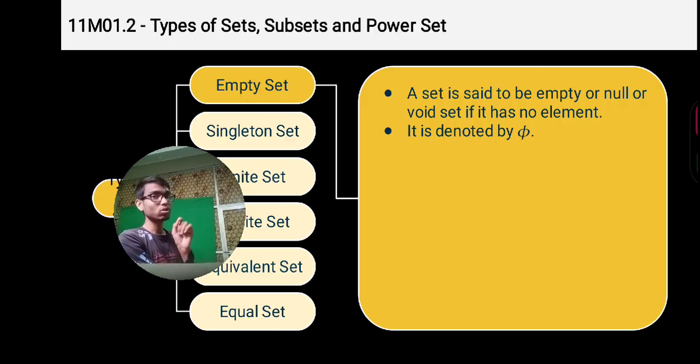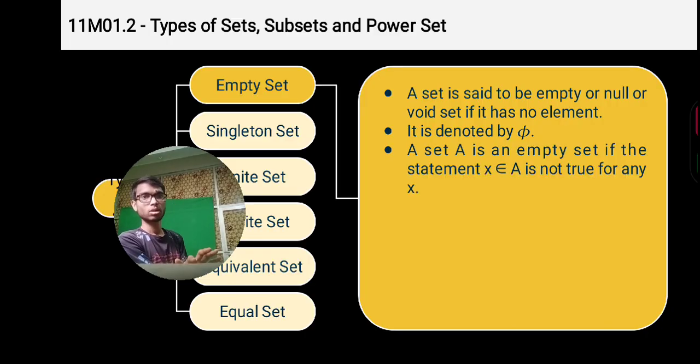This will also be called null. Either you can call it null or empty, it's up to you. This is your choice. You can say this is empty, or phi, or null. The meaning of all three is the same.